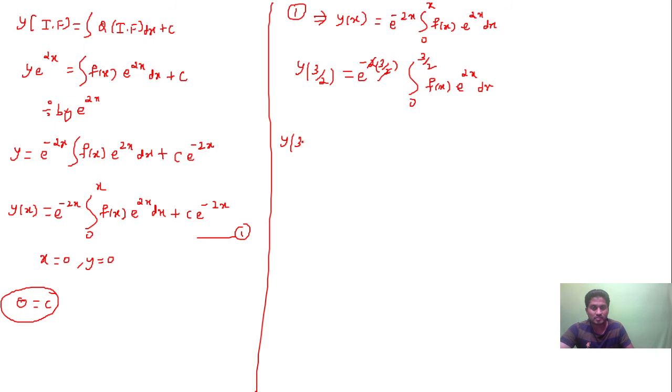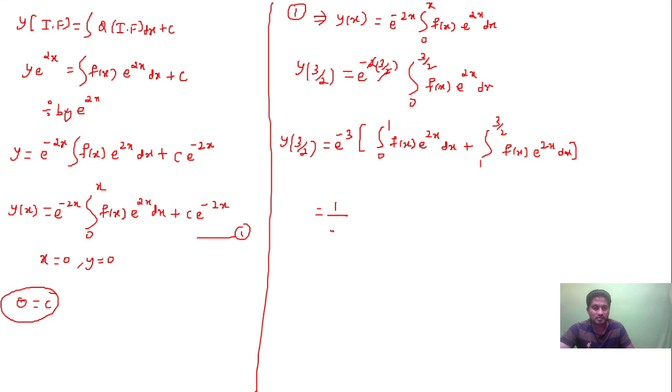Y of 3 by 2 is equal to e to the power of minus 3 times the integral. 0 to 3 by 2 can be written as 0 to 1 of f(x) e to the power of 2x dx, plus 1 to 3 by 2 of f(x) e power 2x dx. Now let us use what is given in the question.